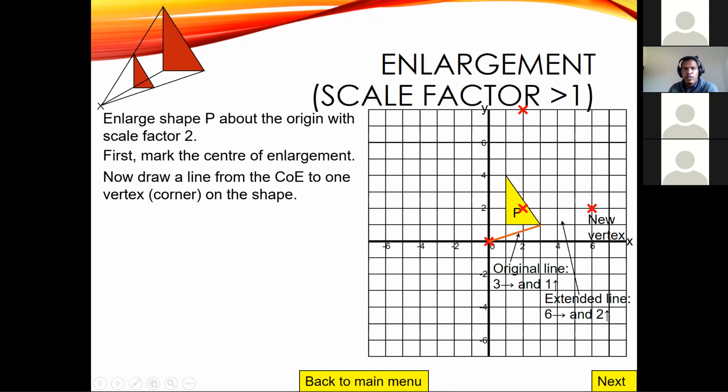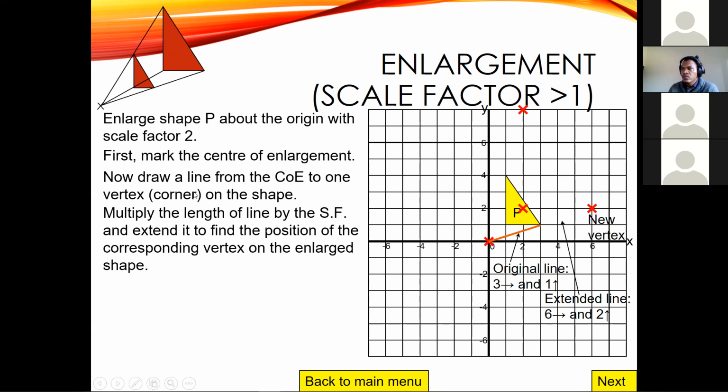Another way would be to follow over here. Draw a line from the center of enlargement, that's the COE, to the vertex, the corner of the shape. Multiply the length of the line by the scale factor. So this is now using the length of the line. If you know the length of the line, or you know how to calculate it, then you just multiply it by 2 and we will get to the other side.